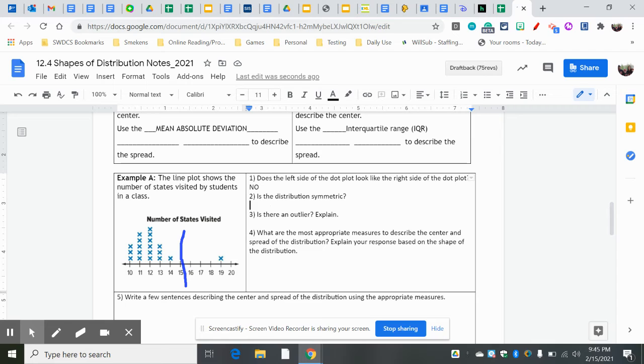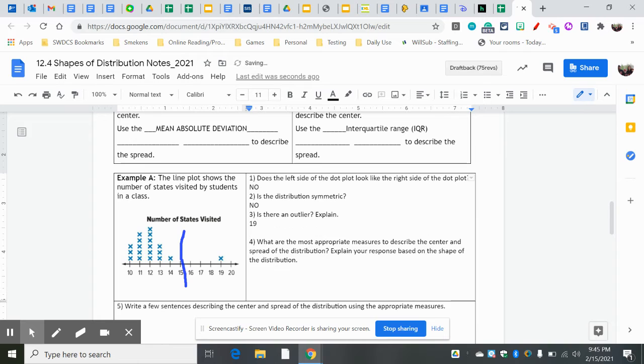Is it spread out evenly? No, you should have said no, because I have all my data clustered together and then one number over here. Is there an outlier? You should have said that the outlier was 19, because it is much farther out than the rest of my data, okay?